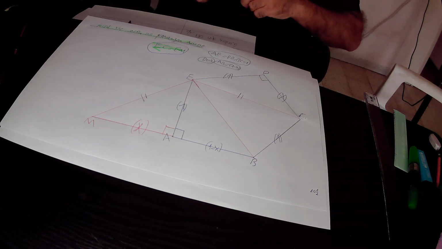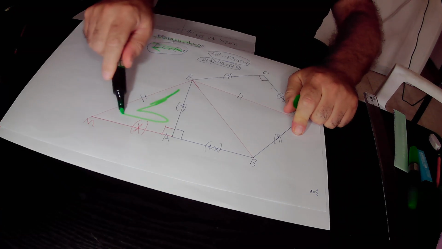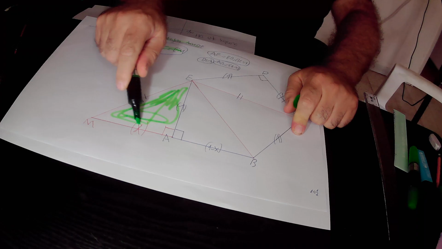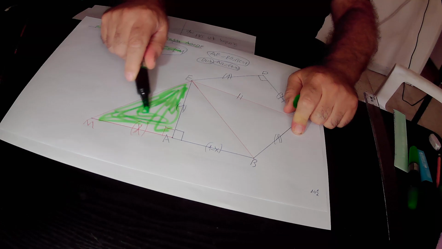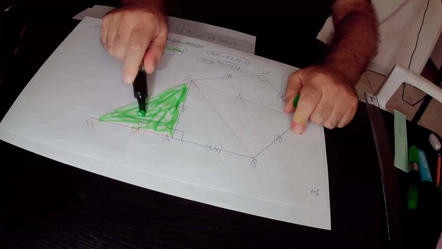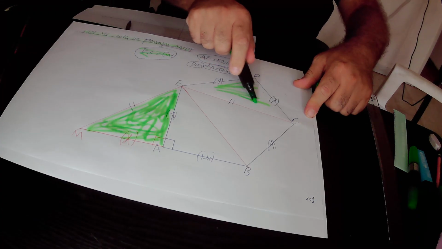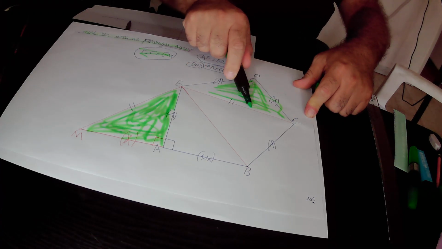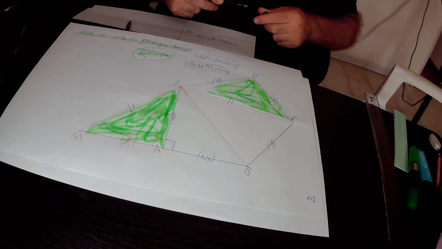So we actually found out that the area of this right green triangle EAM is equal to the area of this triangle EDC, because they can go into each other, and therefore they have also the same areas.